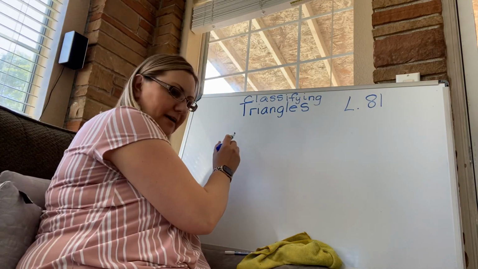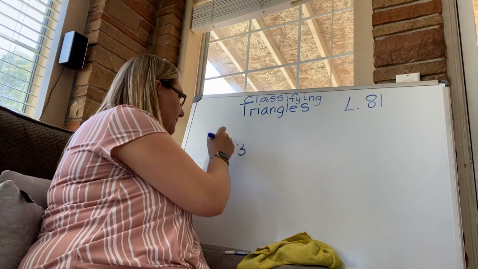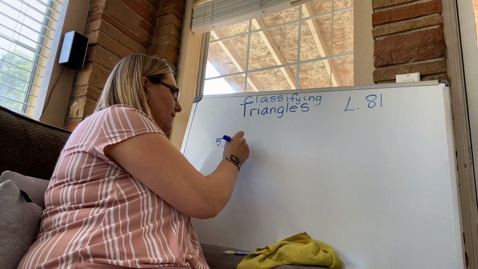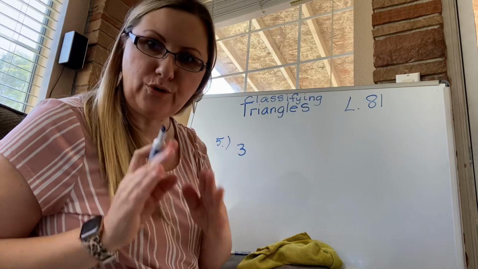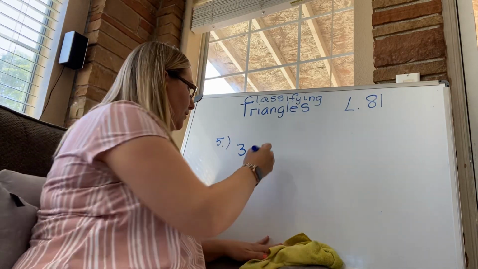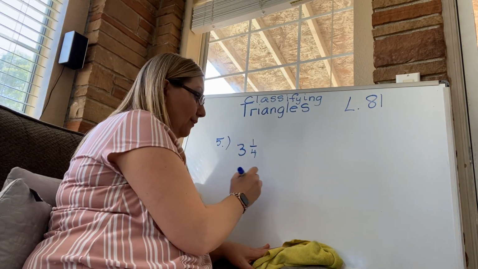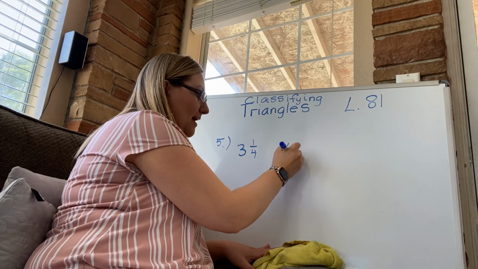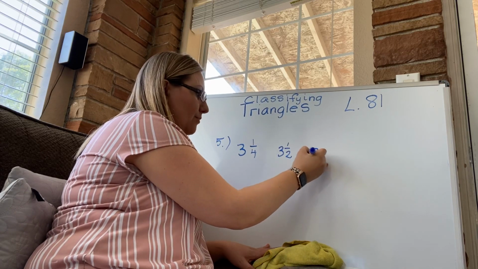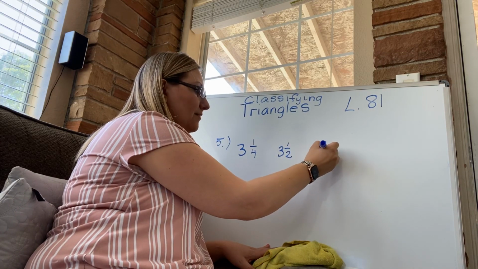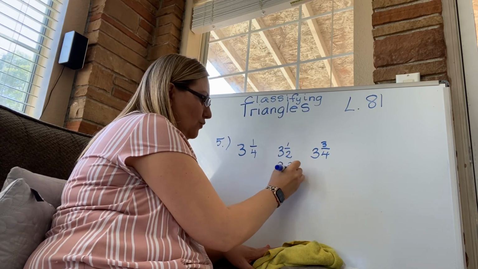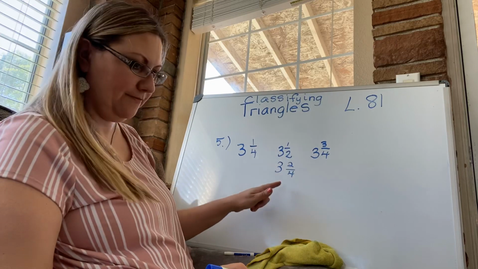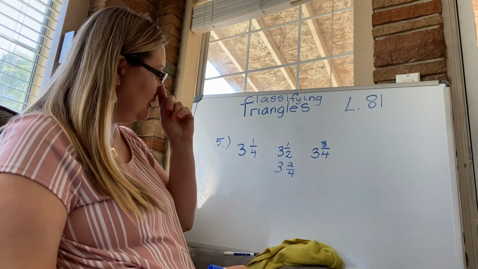So it's somewhere after 3. It's 3 and something, and we're looking for those quarter inches. So is it 3 1/4, 3 1/2, 3 3/4? So 1/2, by the way, is the same as 2/4, right? 3 1/2 is the same as 3 2/4.